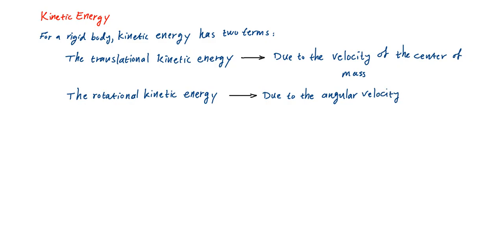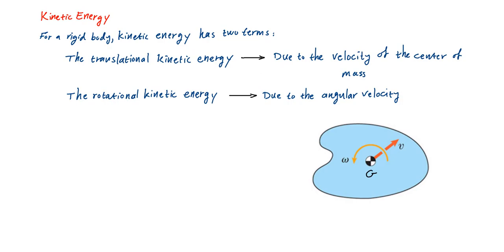Let's put here a rigid body. The center of mass is represented by G. It has some linear velocity V, and there is some rotation. It can be around the center of mass or around any other point. In this case, let's just say it's around the center of mass.